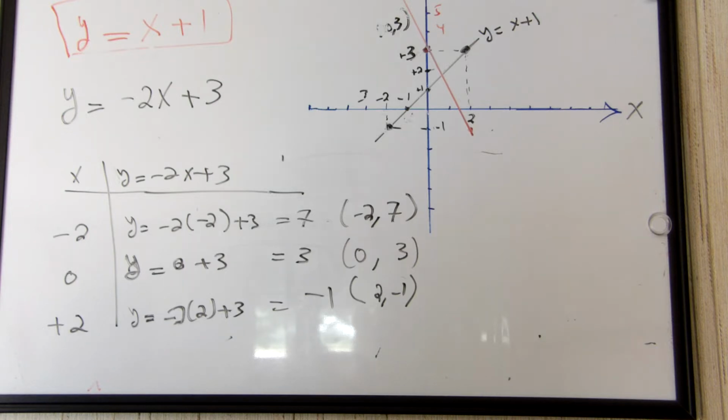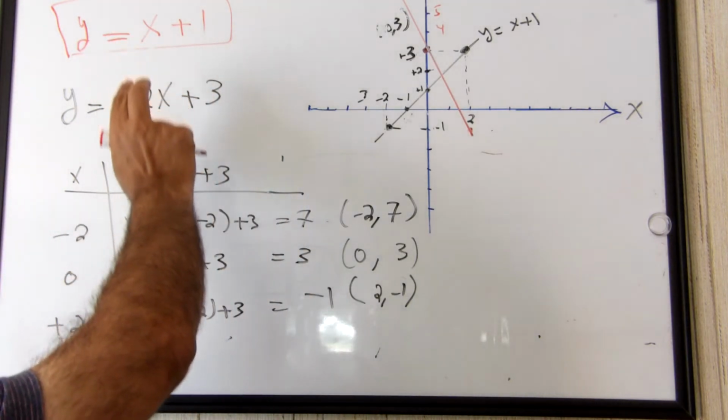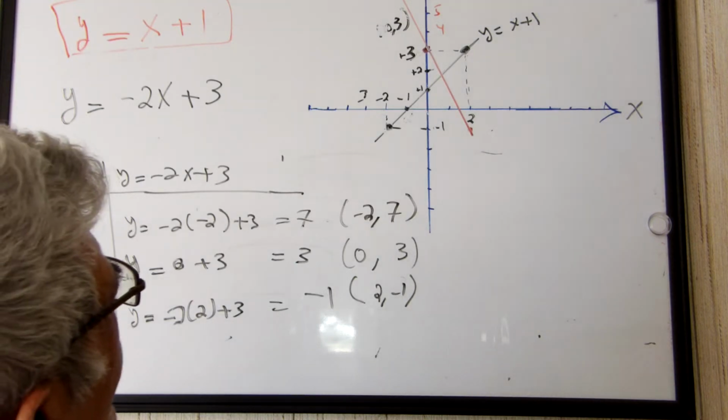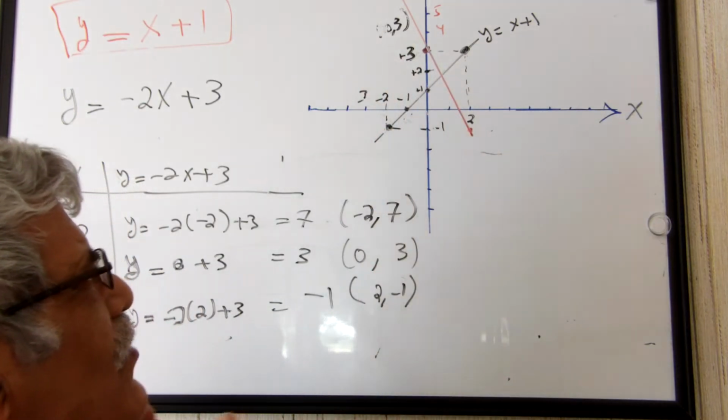We find out that we grab this function. Now you see this linear equation will intercept the x-axis one time, not 2 times.